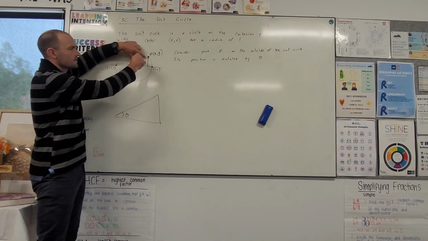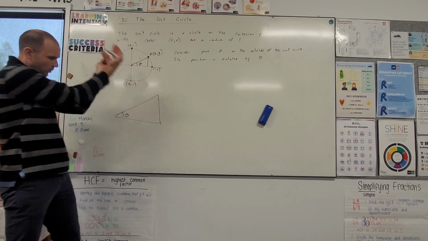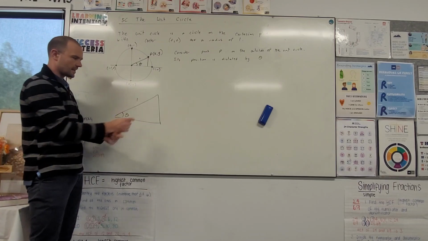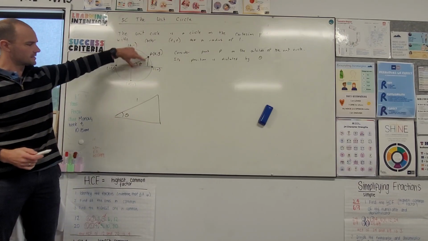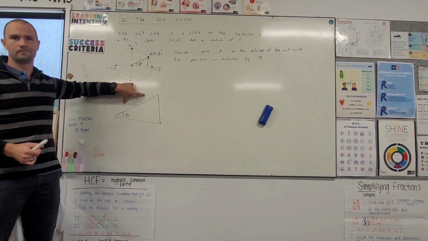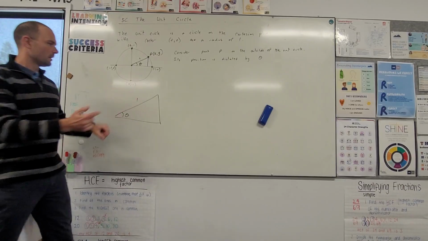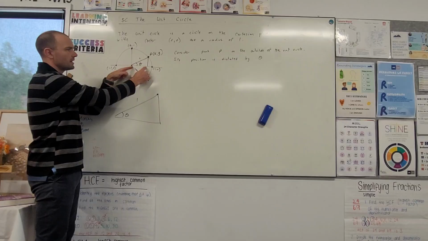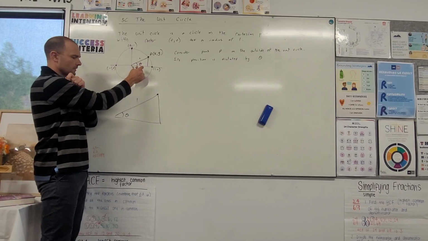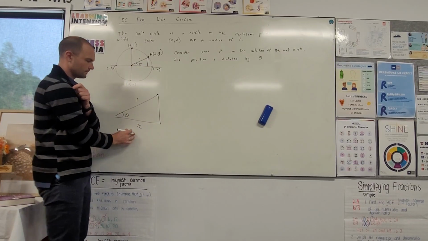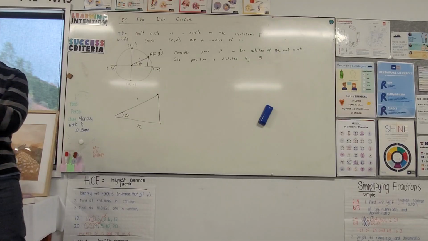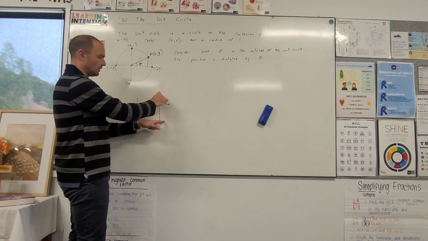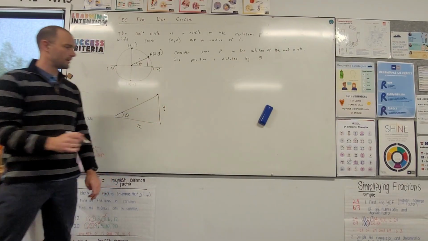We know that the radius of this circle is 1. So when I pull that triangle out of the circle and just sketch it freehand here, that distance is going to be 1. Okay, really good. Now, the x coordinate is going to be the distance along there, so we'll put an x here. And the y coordinate is going to be the distance along here, so we'll put a y there.